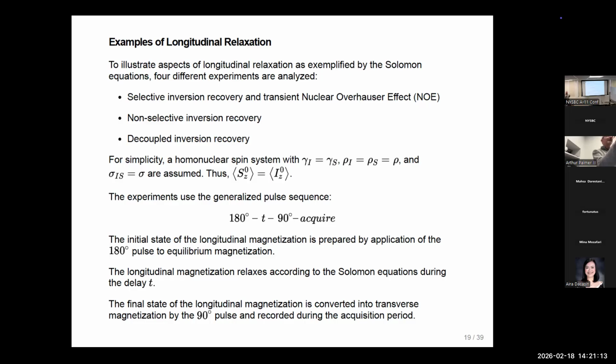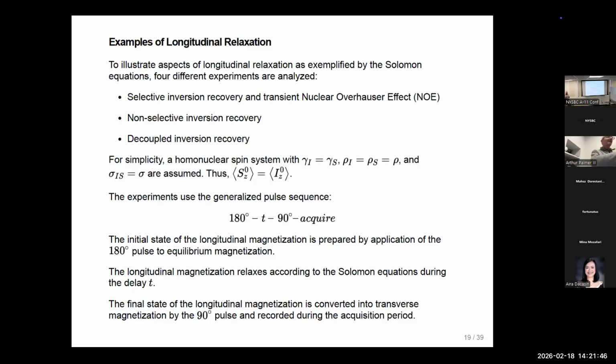In what would be called the selective inversion recovery experiment, I invert one of the spins. So now one of the spins starts at Boltzmann equilibrium, the other is away from Boltzmann equilibrium. As this one starts to recover, it's going to be transferring magnetization to the other one. So the other one is going to lose Z magnetization, be perturbed away from Boltzmann equilibrium, and then eventually everybody comes back to Boltzmann equilibrium.